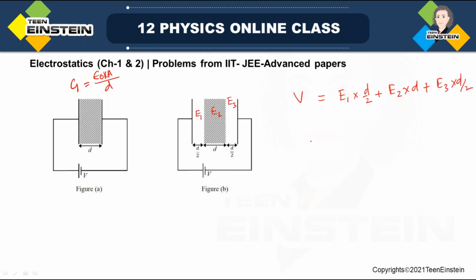If we want to find out the potential, let us see what the electric field is here. E1 will be sigma by 2 epsilon naught, right? Sigma by 2 epsilon naught.